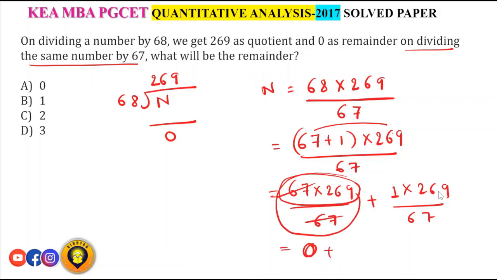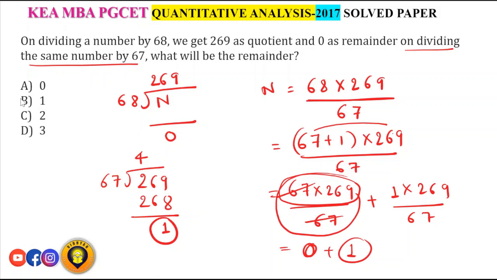Now in 269 divided by 67, what is the remainder you have to find? So if you do 269 divided by 67, 6 4s are 24, right? So it is closely 4 times. So if you do 4 into 4, 7 4s are 28, 6 4s are 24, 26. So 1 is the remainder. So here the remainder is 1. So the answer is option B, 1.